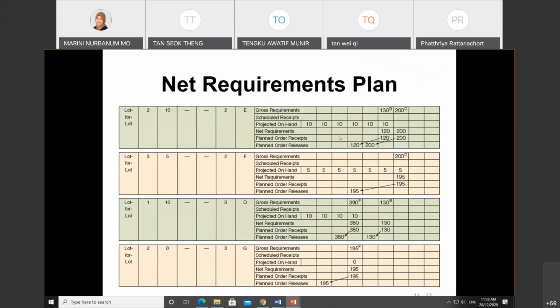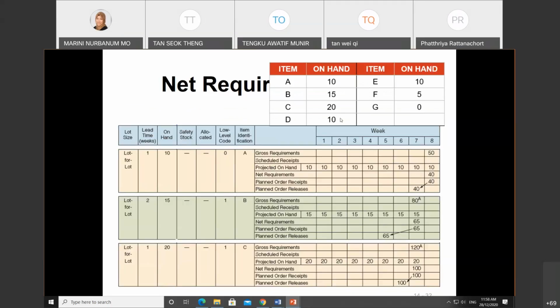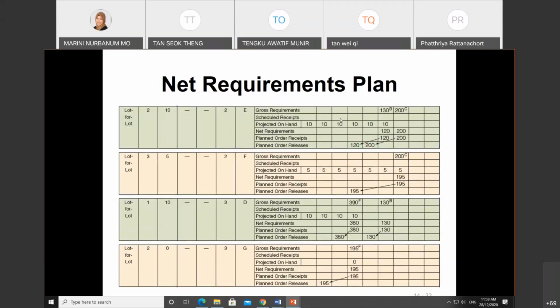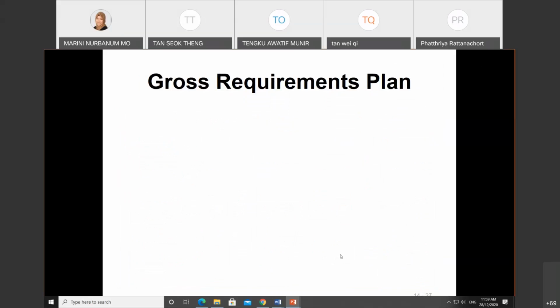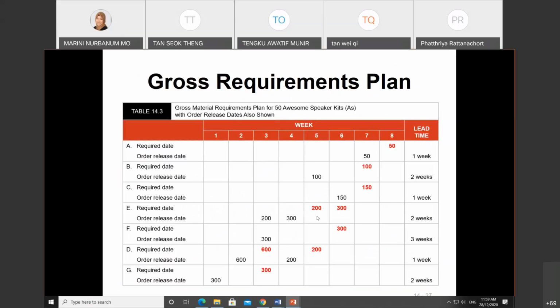Just that when there are two parts of E in this case, for example, in week 5 and 6 for E. Let's go to the product structure. For gross, for E, you have 200 in week 5, 300 in week 6.